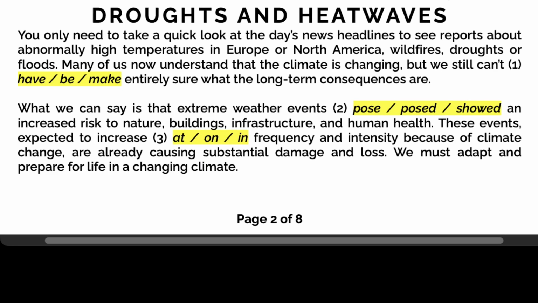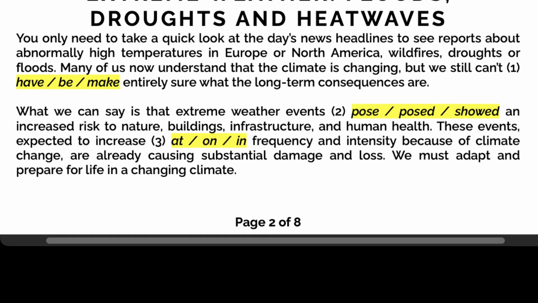You only need to take a quick look at the day's news headlines to see reports about abnormally high temperatures in Europe or North America, wildfires, droughts, or floods. Many of us now understand that the climate is changing, but we still can't, and then you have to decide, is it have, be, or make entirely sure? In this case, of course, it's be entirely sure.